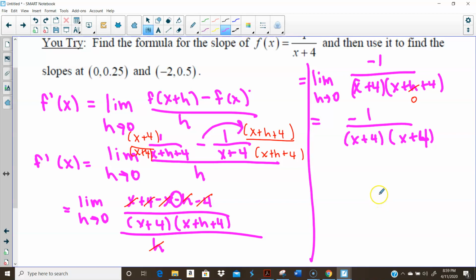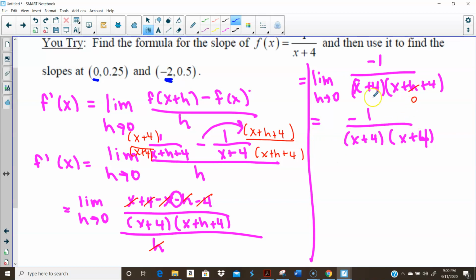Okay, now what we can do is find what the slope is at 0 and what the slope is at negative 2. We're not interested in the y values. We want to know the slope when x is 0 and when x is negative 2.